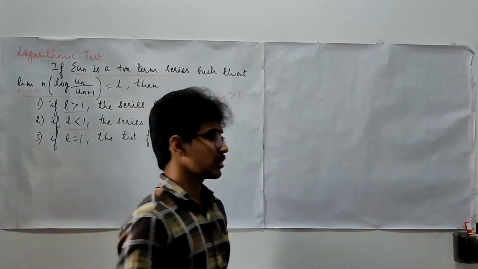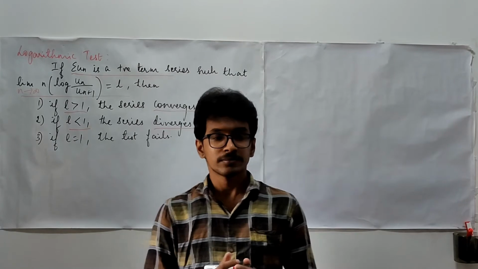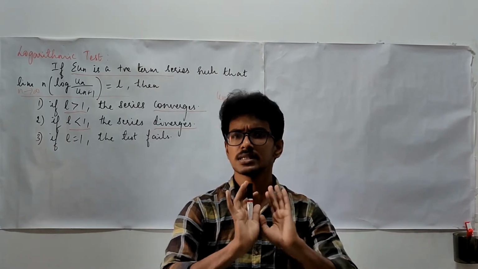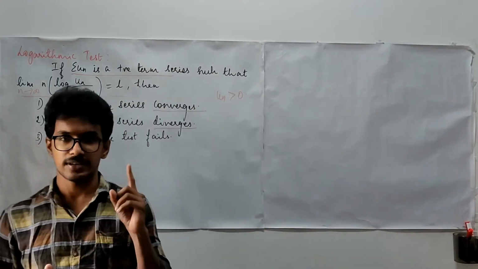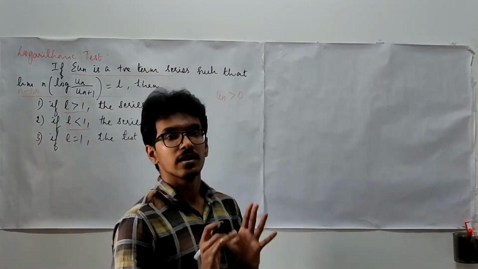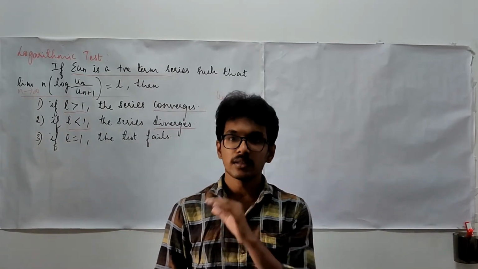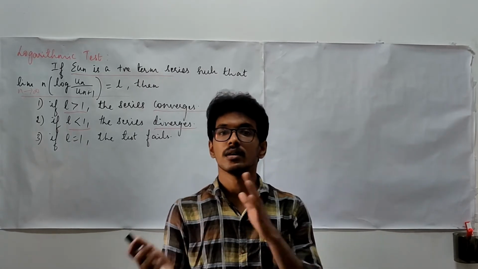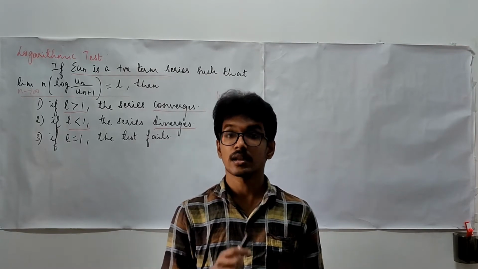When do we make use of this test? That is the question, right? Supposing we are given some random series. The first thing that we will try is the comparison test. When the series fails to give us the result using comparison test, we will come to the next tests like D'Alembert's ratio test or Cauchy's root test.